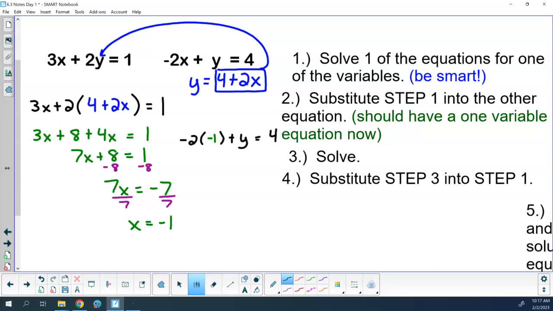-2 times -1, 2. Subtract 2 from both sides. And I get y equals 2. Agree with me on that? What do you think our last step is?